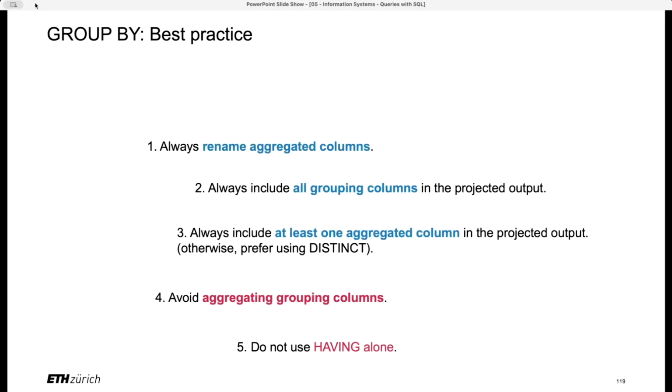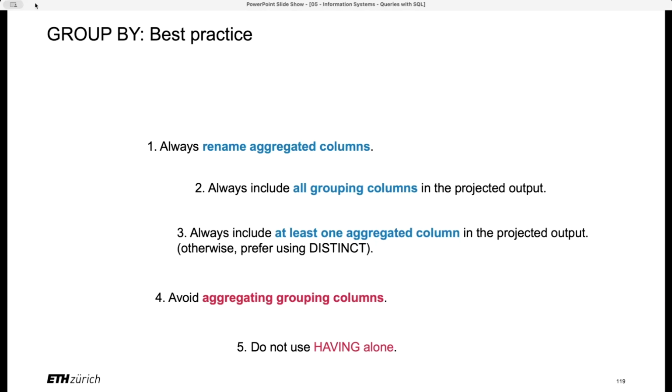Okay, so before I move on to something else, I remind you of the rules that I've already said and maybe a few more. When you aggregate the columns, give them names. If you don't give them names, PostgreSQL will, but you might not like the names because it will just make up some things. Sometimes it reuses the old names, sometimes it creates new names.